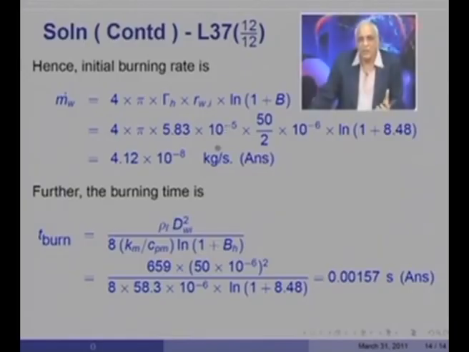That would be the initial burning rate, and the burning time would be rho L dwi squared over 8 gamma h ln(1 plus Bh). So, substituting for these values, you now see this is just 1.57 milliseconds. So, the same droplet evaporating, now it is burning, and the time has reduced quite considerably to 1.57 milliseconds.